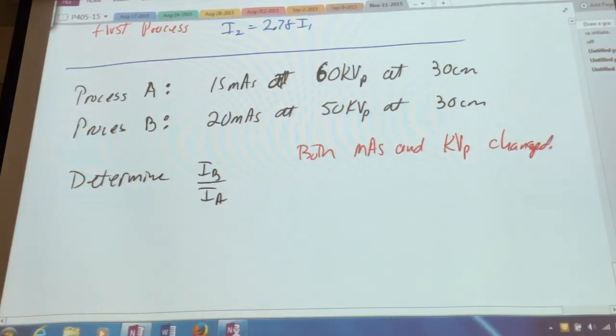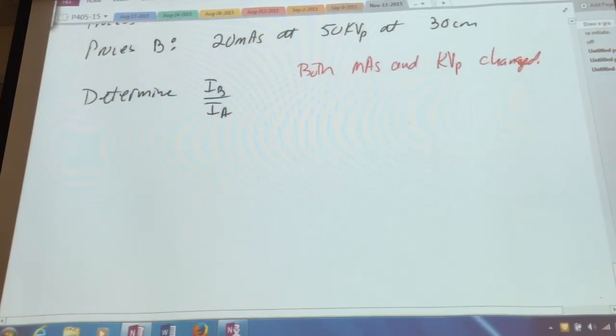But I didn't give you a formula for that, so now you have to guess what to do. And that's right, you just daisy chain them together.